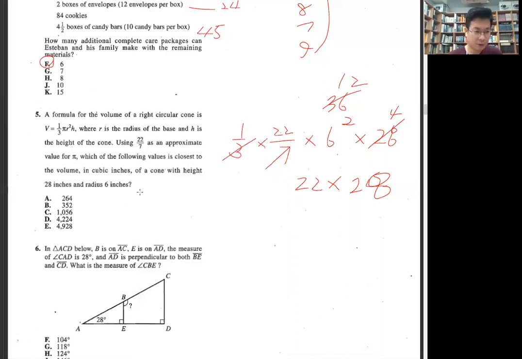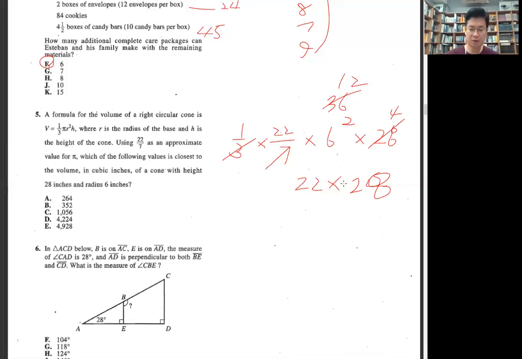Something's wrong. Let me double check. 1/3 pi r squared h. Now 48.